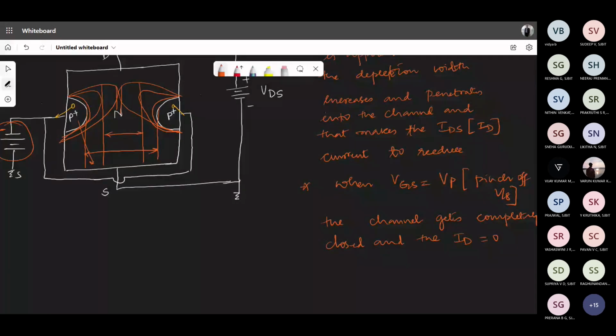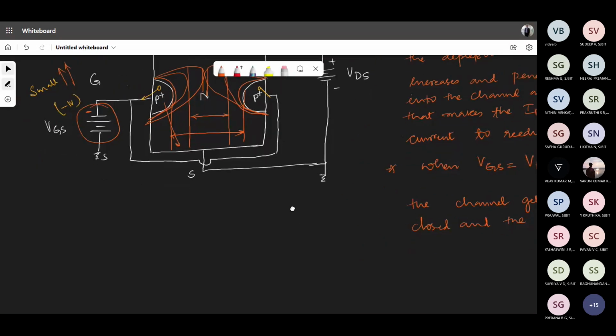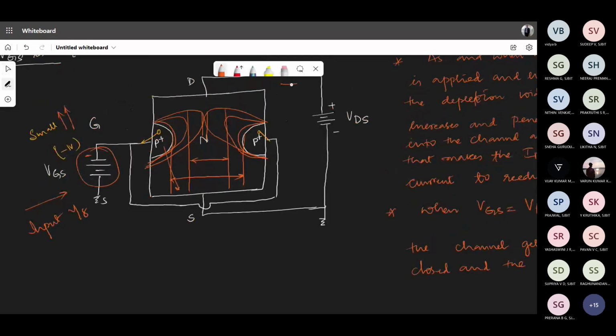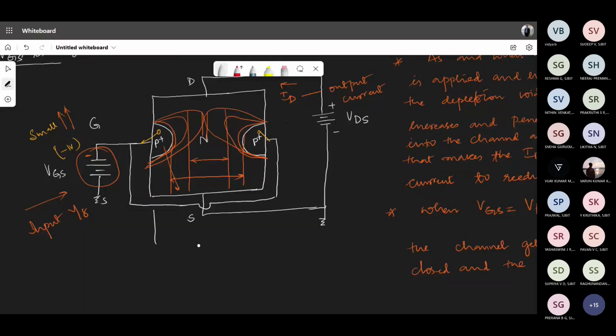So now we have understood the relation that exists between the input voltage and the output current. We've got this relation. So now we have to just put it in the form of a graph, which will be called the transfer characteristic curve. That is all. Okay. Now we'll try to plot a graph.